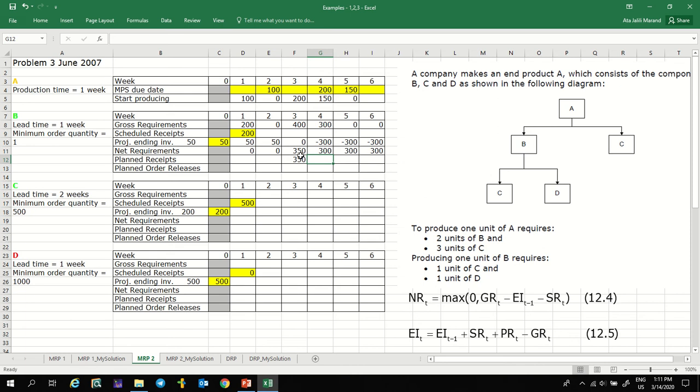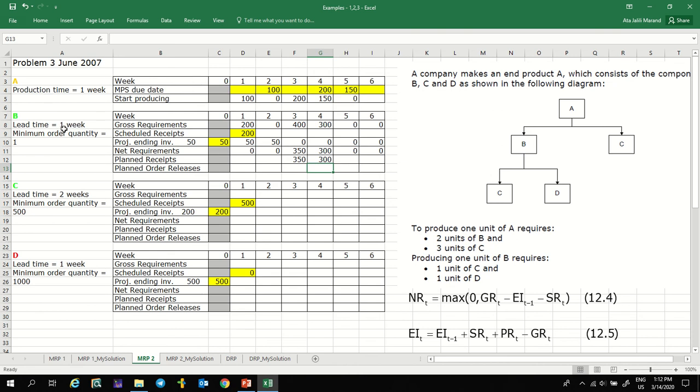That would be enough to satisfy the requirements in week 3. And then in week 4 I need another planned receipt of size 300, and then I can see that I have no further net requirements for the other 2 weeks, 5 and 6. So these are my planned receipts for weeks 3 and 4.